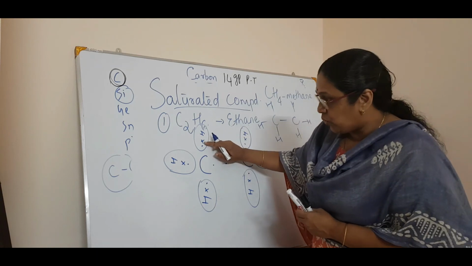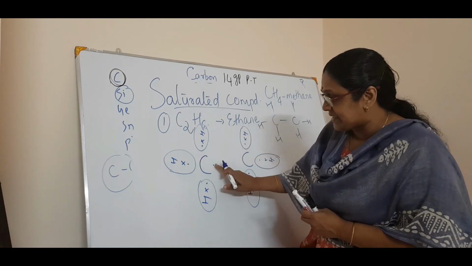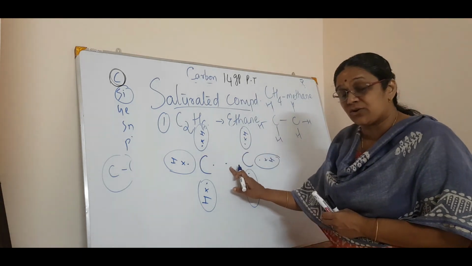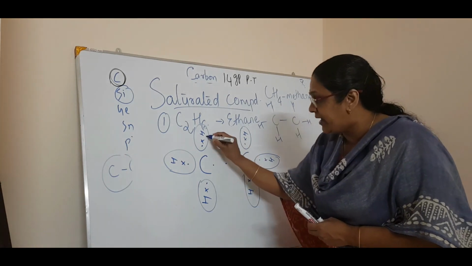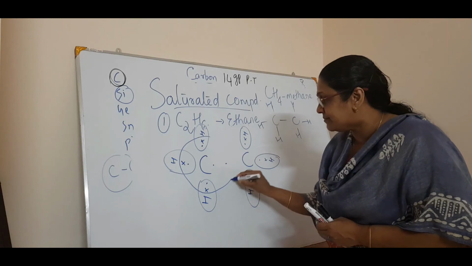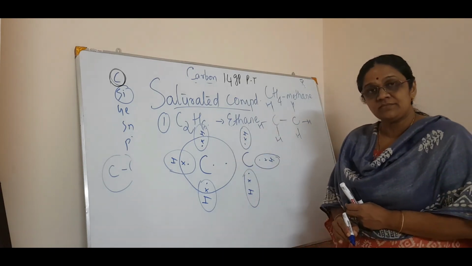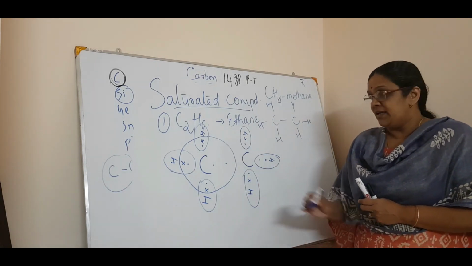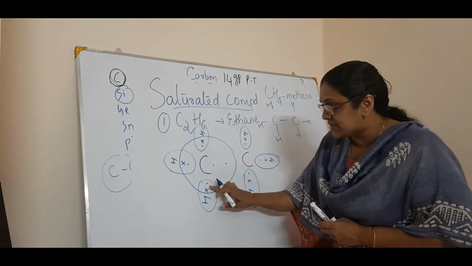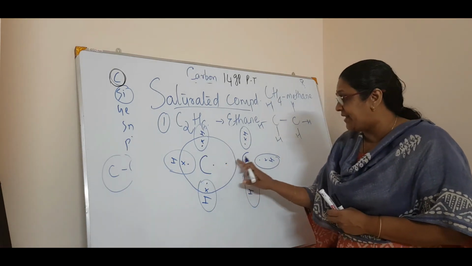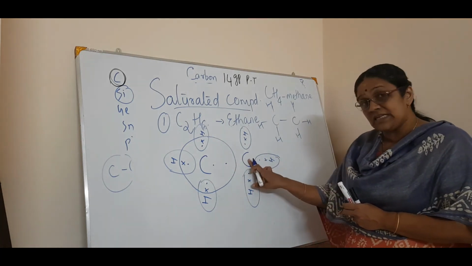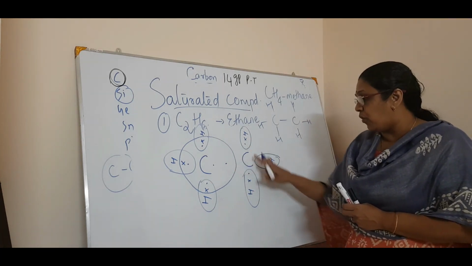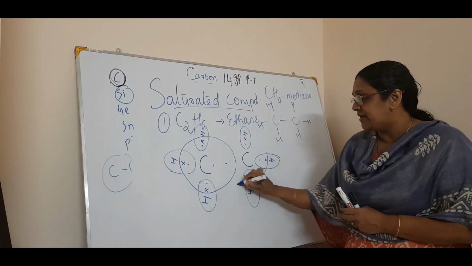Carbon atom is 2, 4, 6, 7, and it is sharing 1 electron from the second carbon atom. Isn't it? So it will be like this. Correct? Got it? That means 2, 4, 6, 7 and 8. One is from this carbon atom. The same thing for this carbon atom, 2, 4, 6 and 8.